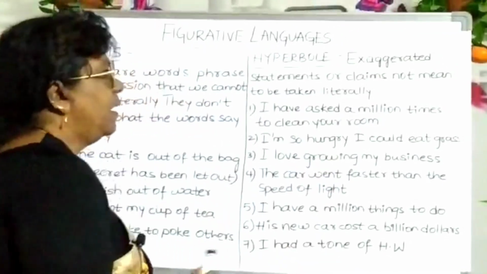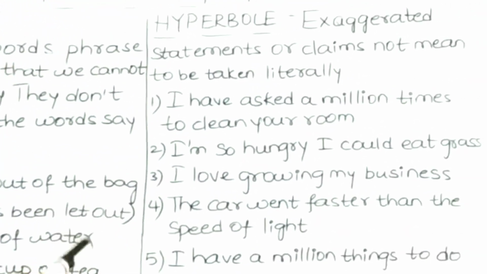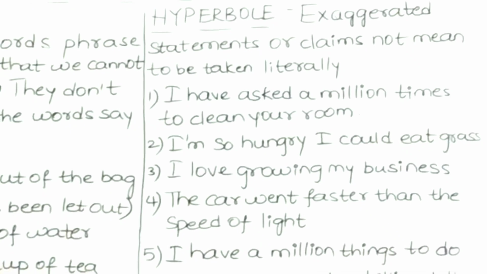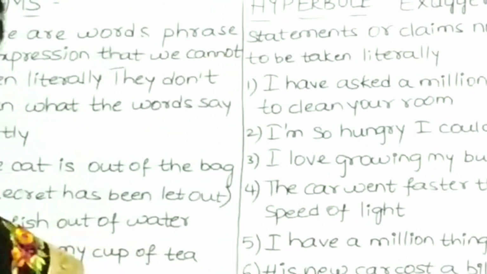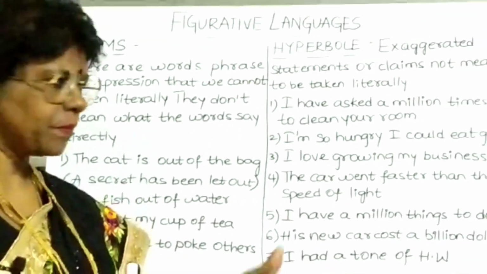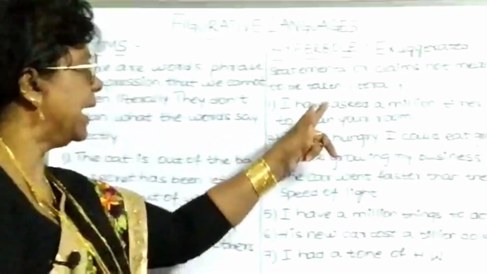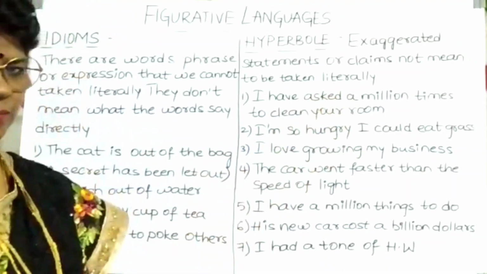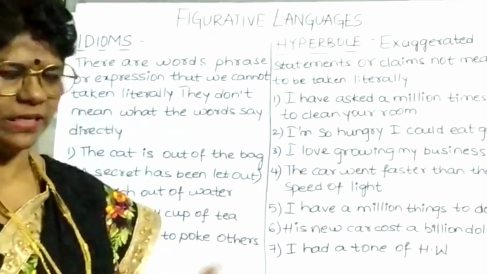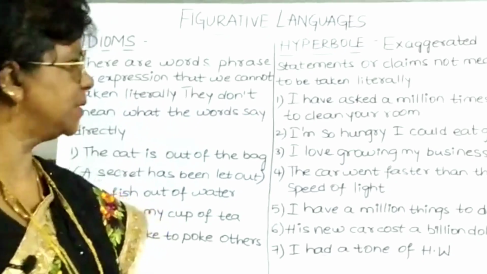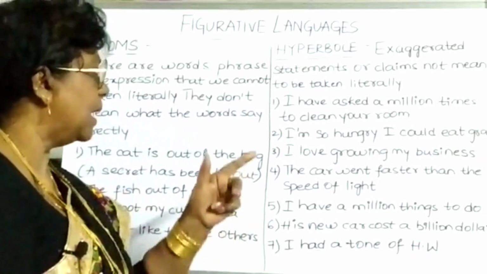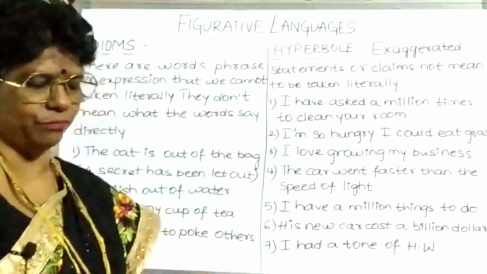Next one, hyperbole. What is hyperbole? Exaggerated statements or claims not meant to be taken literally. Literally, there is no meaning, but if you go through the sentence, you'll understand the weight of it. I have asked a million times to clean your room.